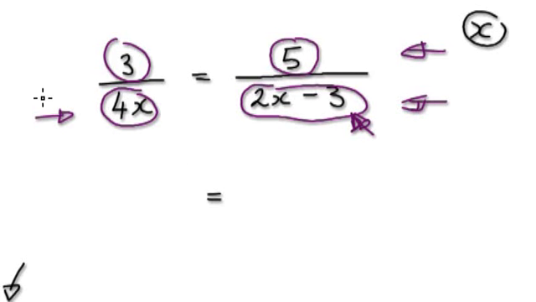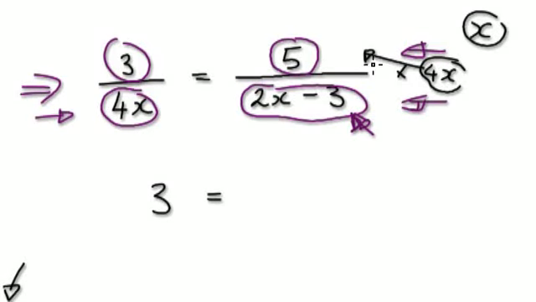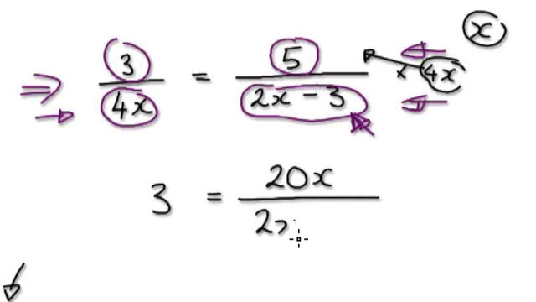Okay. So we are here at the moment. Inside your mind, multiply 4x to both sides. So you have this 3, and remember, when you multiply by 4x, it gets multiplied to the top. So it will be 20x over 2x minus 3.